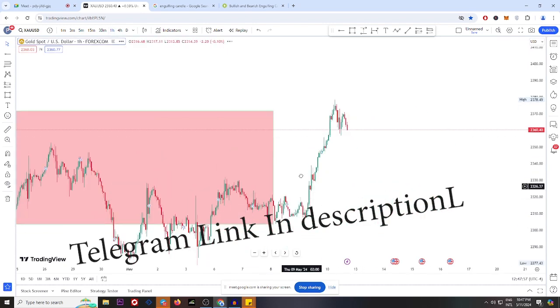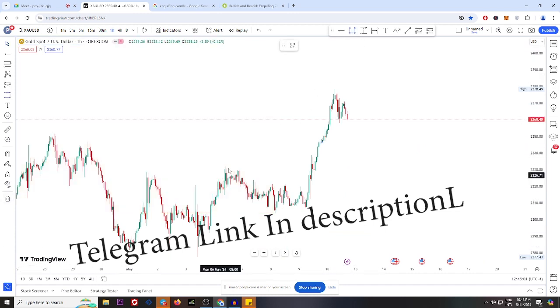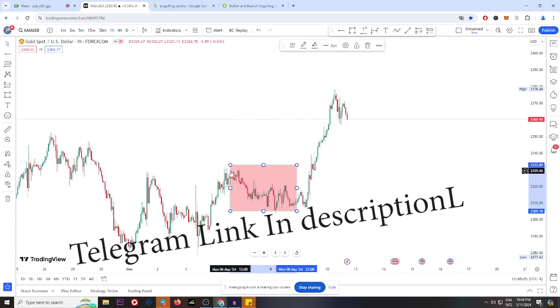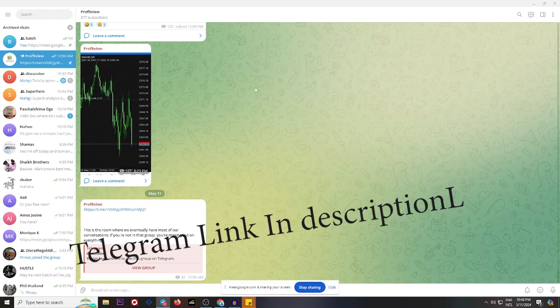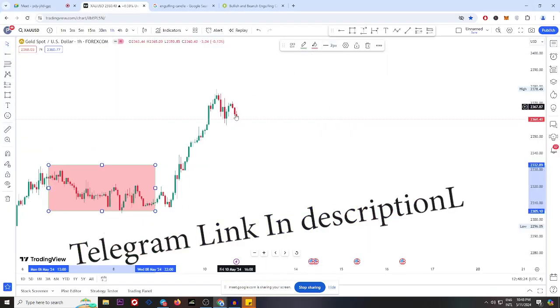This whole move is already done. I can make 1,000 reasons from this top to bottom, this bottom to this top, because this is already done. I already know what happened here. No, I do not teach that way. Go to the Telegram superhero group, you will see everything I do from the real chart, what we are seeing, what we are going to do. But for the basic learning, we use a little bit of back data.